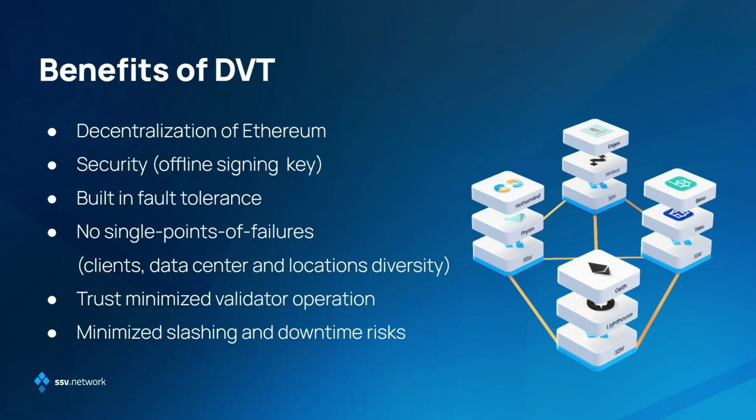This shift in validator operation dramatically increases the liveness and security of the network, while also significantly reducing slashing, downtime, and centralization risk compared to traditional validator setups. And by improving the resiliency of validators and the Ethereum consensus layer, we can help transition Ethereum into a more decentralized and secure network for the rest of us.